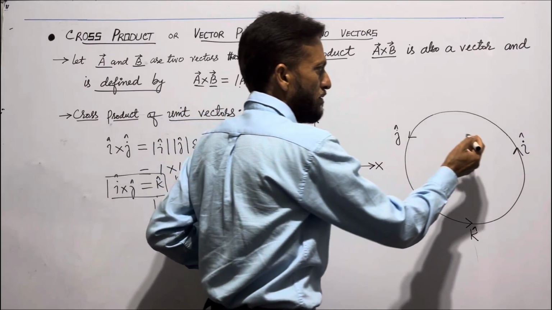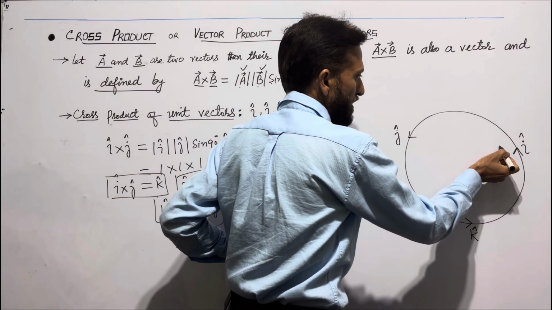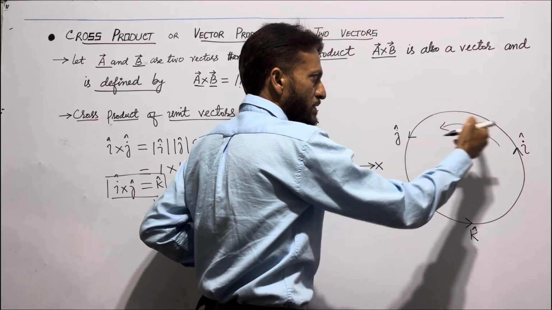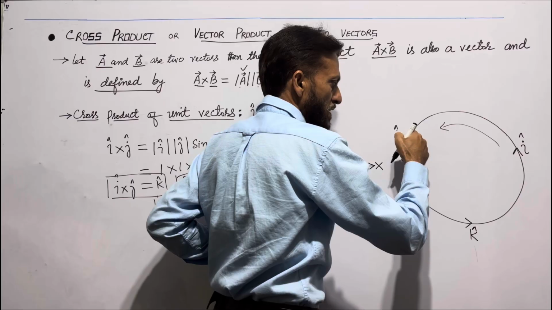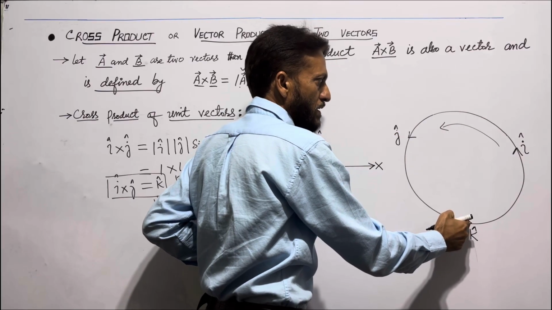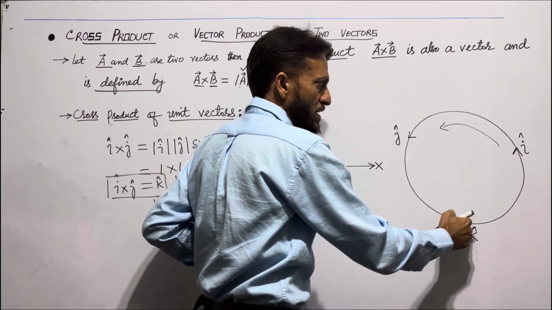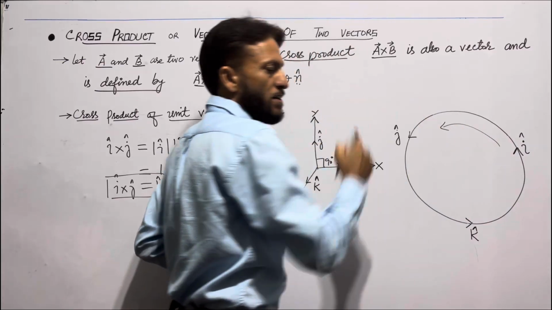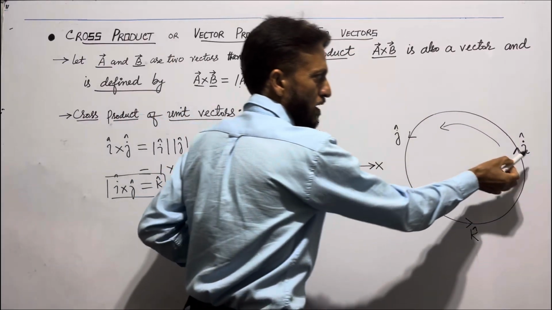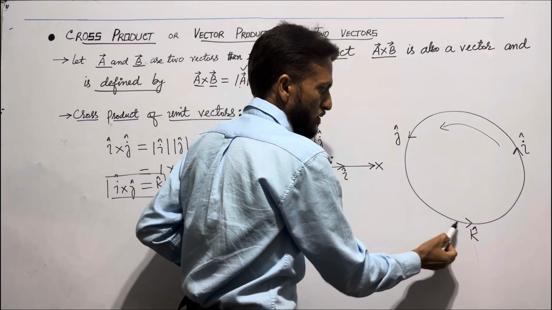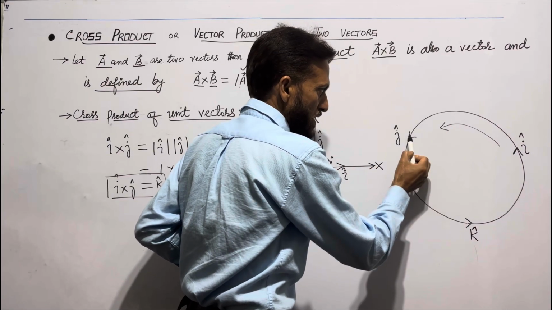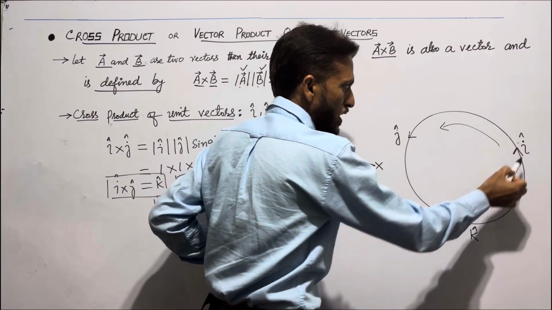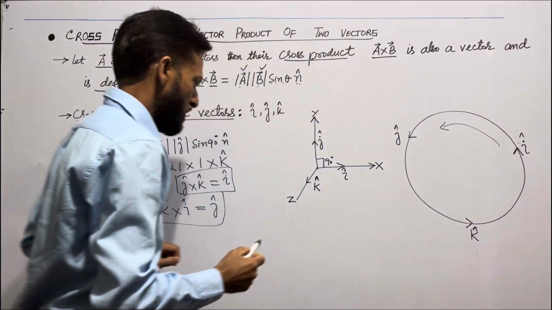If we move in the anti-clockwise sense from i to j, then i cross j equals k, j cross k equals i, k cross i equals j.